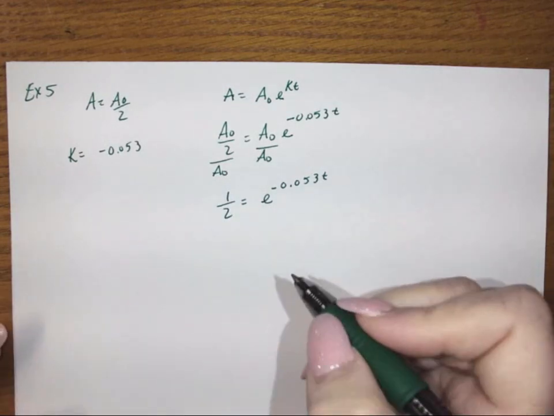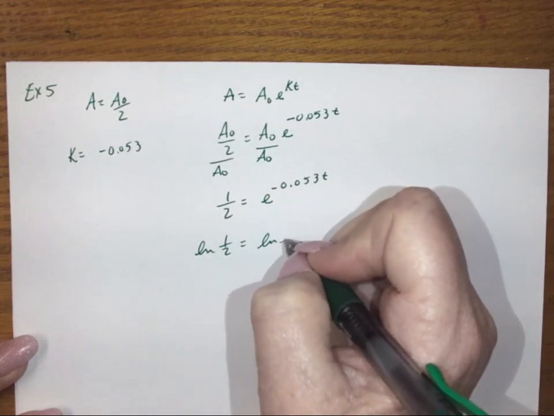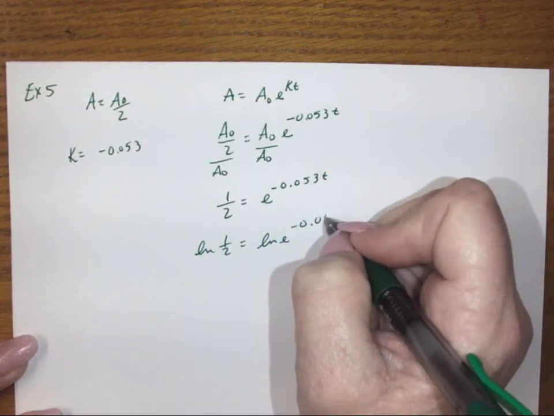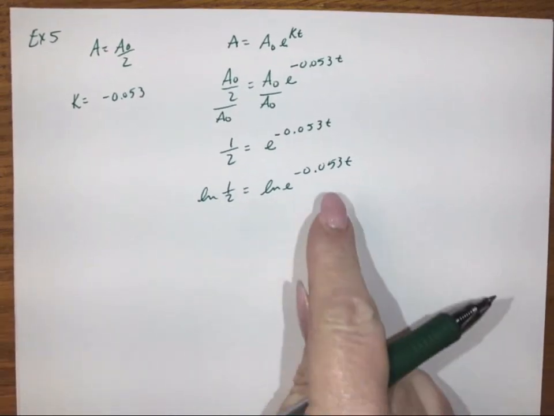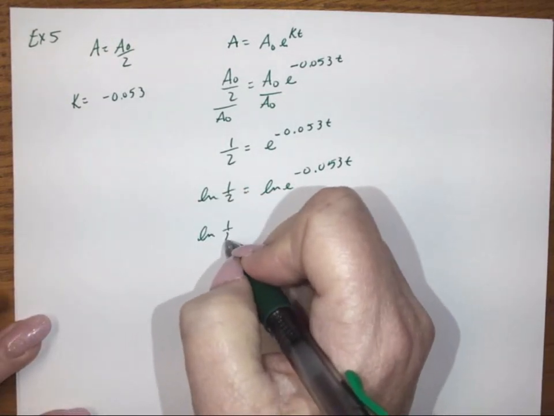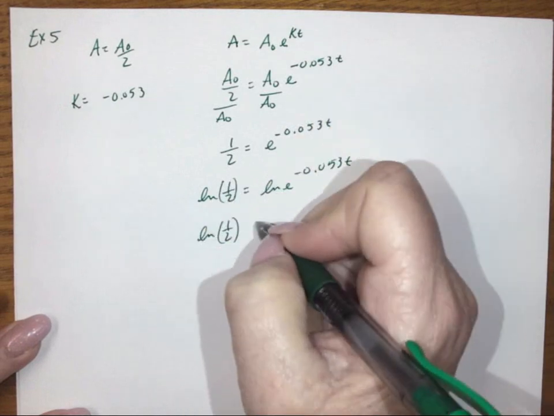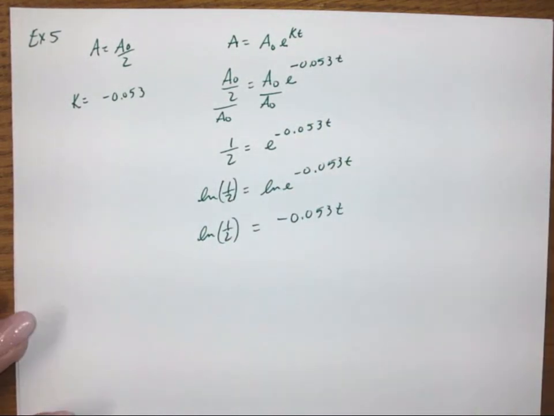And now we'll take the ln of both sides. So the ln of 1/2 is equal to the ln of e to the negative 0.053t. And again, using those properties of natural log, we're going to find that we end up with the exponent over here. So the ln of 1/2 is equal to negative 0.053t.